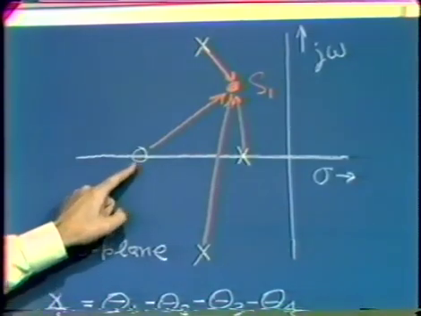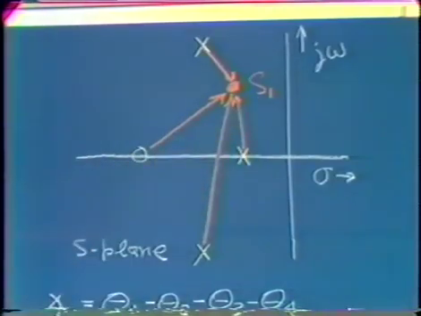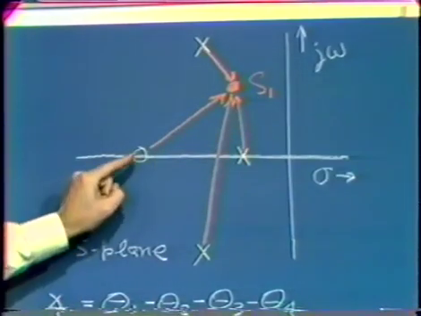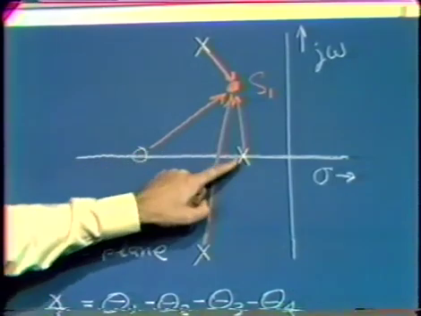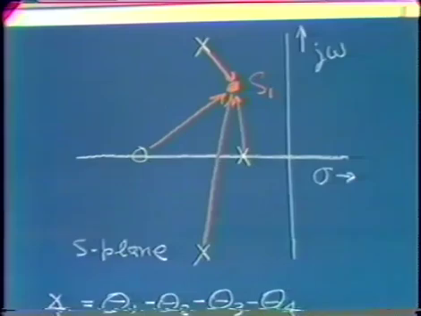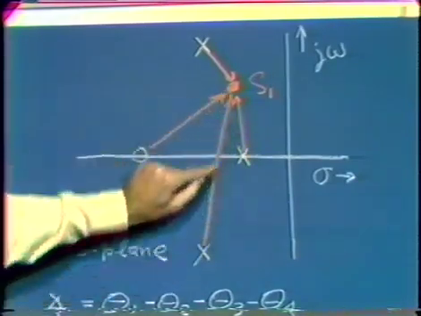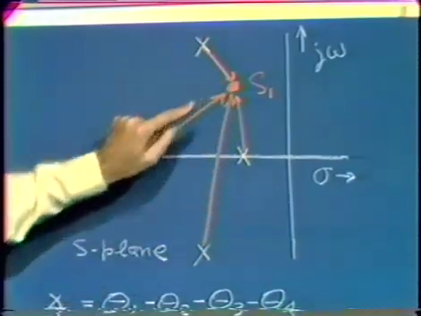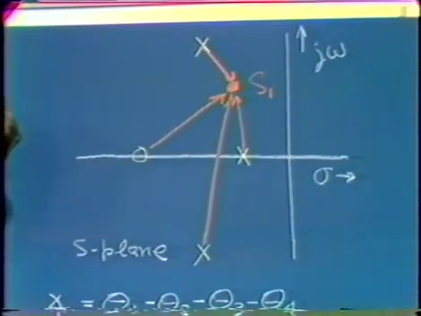If we now try to evaluate G of S at the point S1, what we do is draw vectors from the poles and the zeros of G of S to the point S1. And I've shown that for the three poles and for the zero. And we can evaluate the angle and the magnitude associated with those vectors.